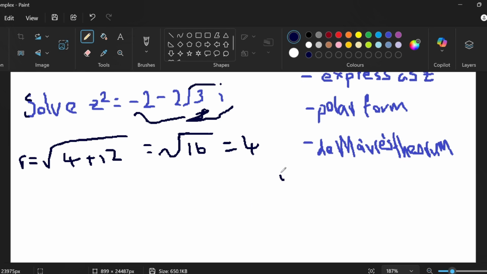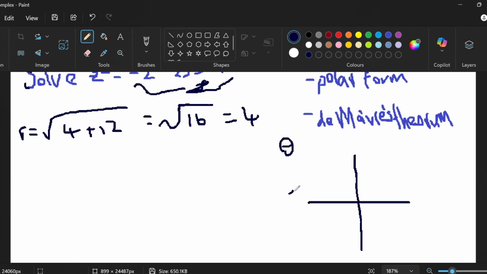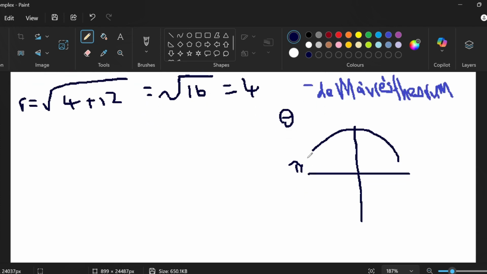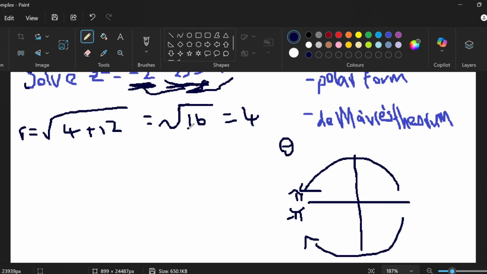Now I need to get my argument theta, and the easiest way to do that is to draw a little diagram down here under these steps I wrote out. So I know that I want my argument to be between pi and minus pi. And if I look at my real term here, which I'd plot on the x-axis, and my imaginary term here, they're both negative. So I'd go along the negative x-axis and the negative y-axis, and I'd plot this somewhere in the third quadrant.